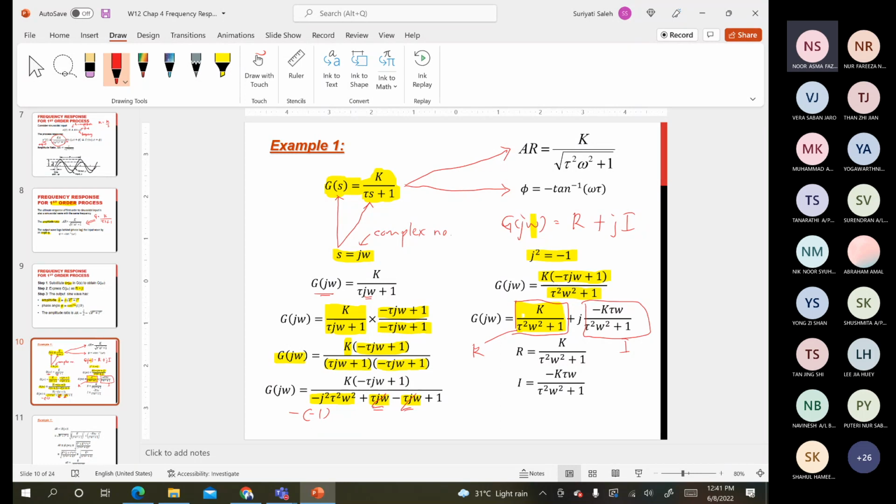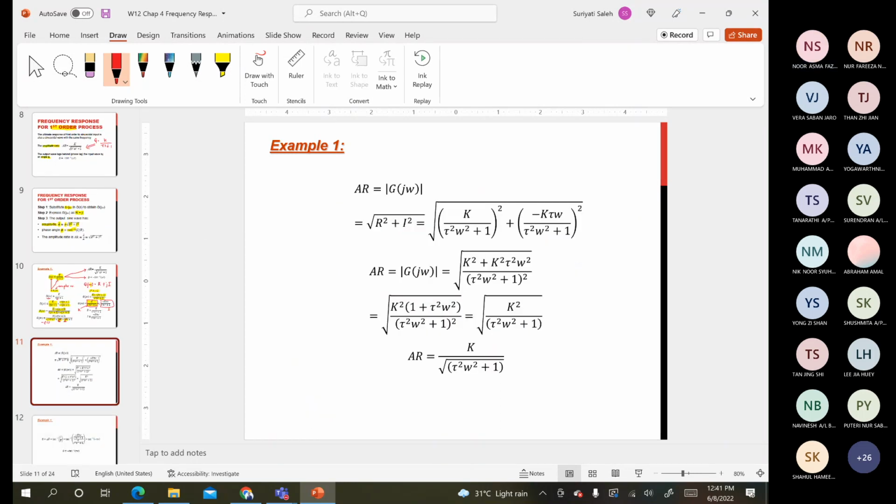Next, based on this, we put the modulus on our equation, where the modulus means the value should be positive. Then square root of R square plus I square gives the following equation.